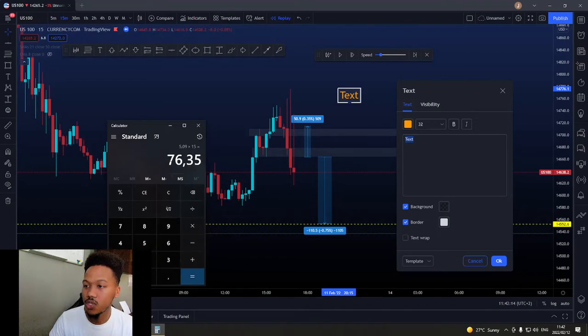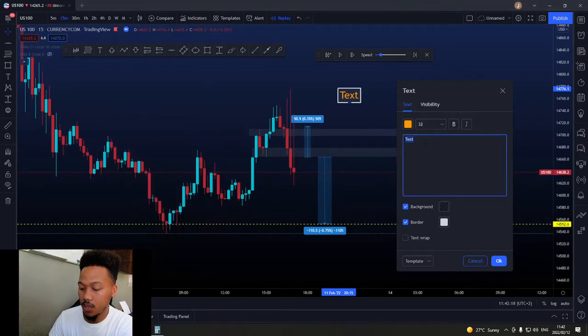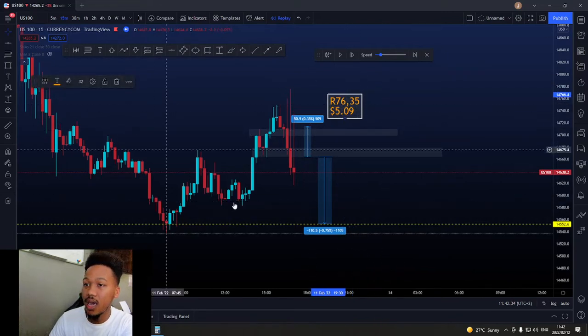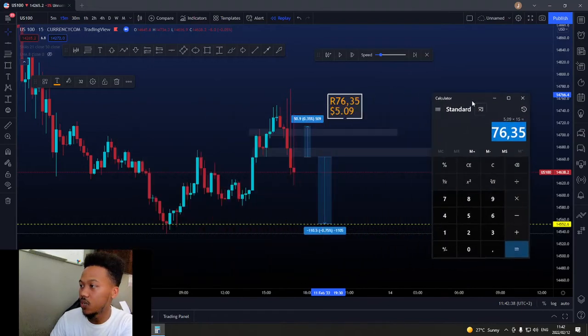This would be for the ZAR account, and then for the dollar account it would be $5.09. So this is the risk, the amount of risk you are taking on this trade. And let's see the actual profit you are potentially willing to make on this trade.